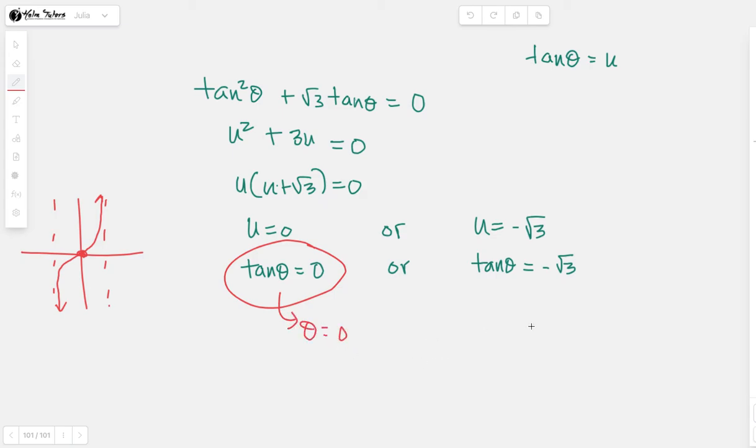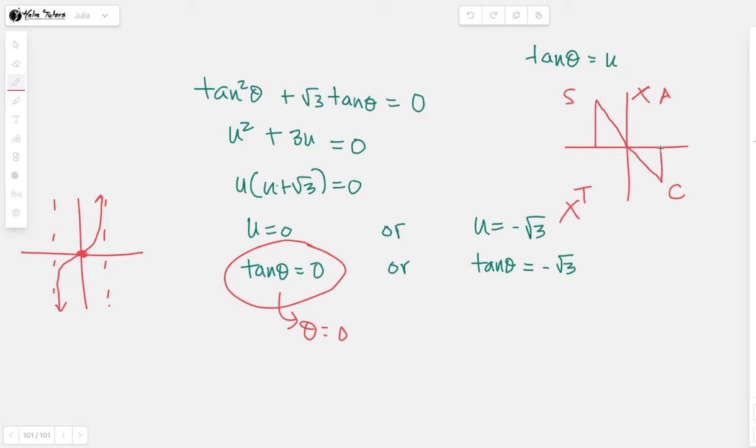So there we are. And then for negative root 3, again, figure out the quadrant. All Students Take Calculus says that all of them are positive here, and tangent is positive here, so the places where it's negative are the second quadrant and the fourth quadrant.